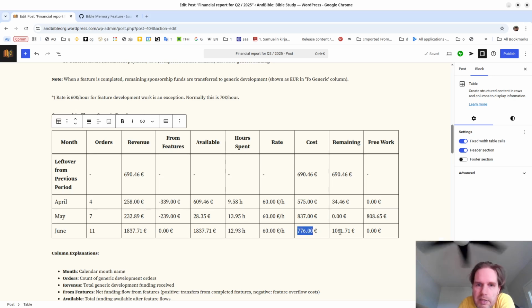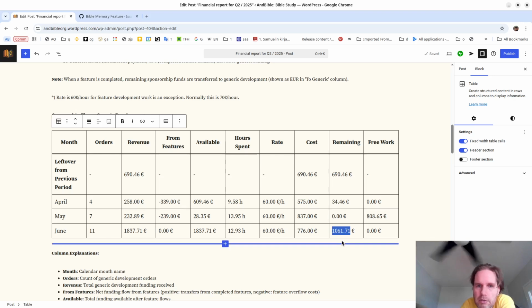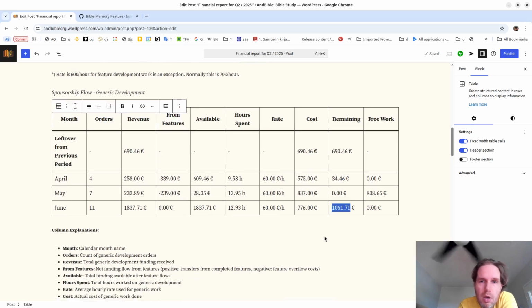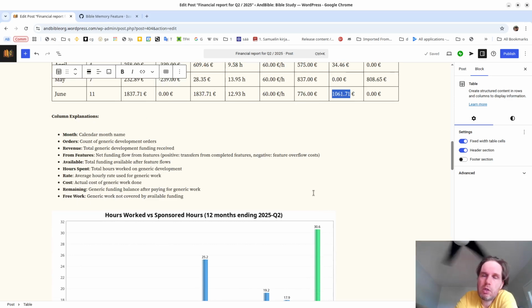It was costing 776, and there is remaining 1,061 euros, and this money now moves to next quarter. It will show up like this in the next quarter report. So this is still unused, and it will be used next quarter.